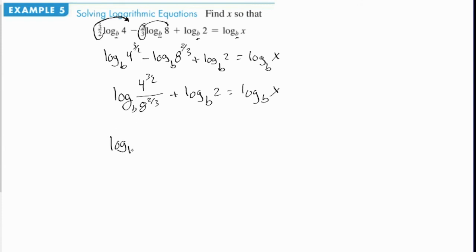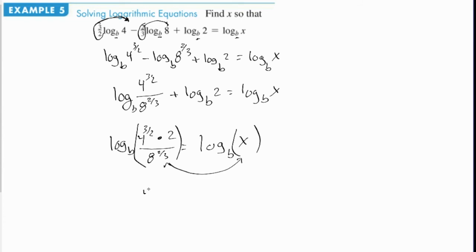So log base b of 4 to the 3 halves times 2 over 8 to the 2 thirds equals log base b of x. And now that I've got these expressed as log base b's with arguments, the two arguments must be equal. 4 to the 3 halves times 2 over 8 to the 2 thirds must equal x, and we can simplify this.